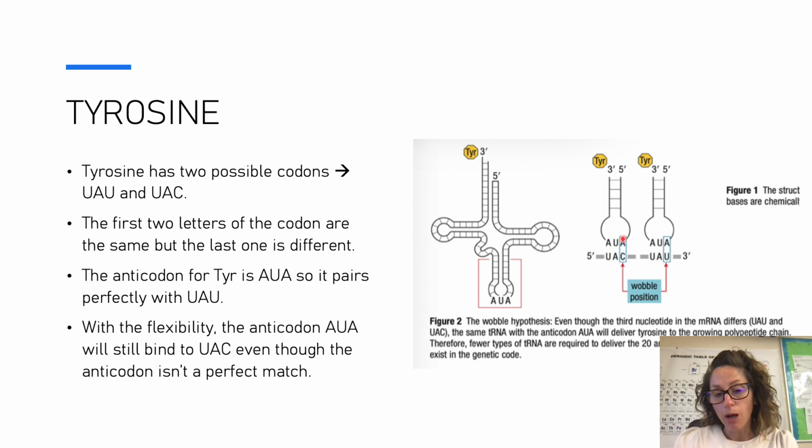A wants the opposite of A would be U, but being in the third position and the fact that C is also a pyrimidine, just like the preferable U would be, this tRNA will still bind to the codon bringing tyrosine. So this flexibility, again, is going to give the cell the ability to have less tRNAs.